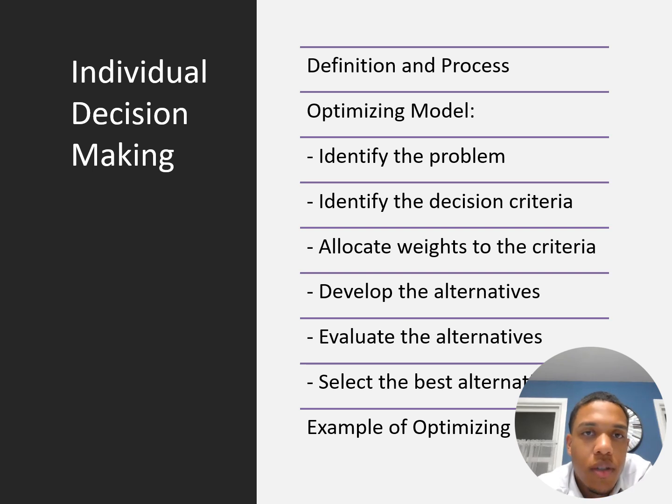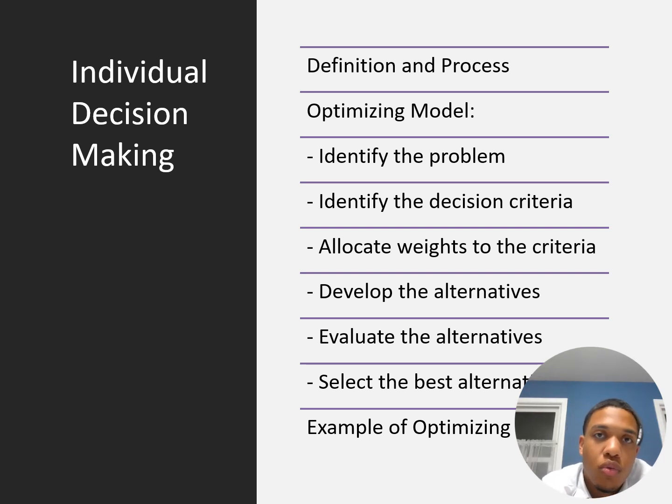The optimizing model assumes rationality and comprehensive analysis, but may not always be feasible due to time constraints and limited information. But understanding the model helps in making informed and logical decisions.